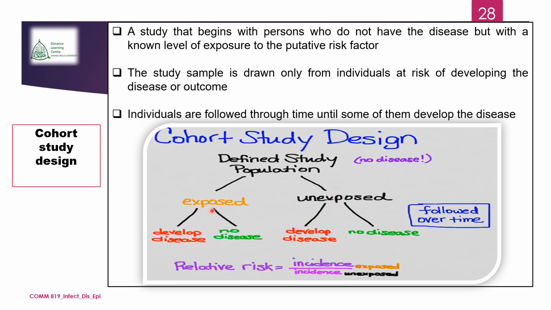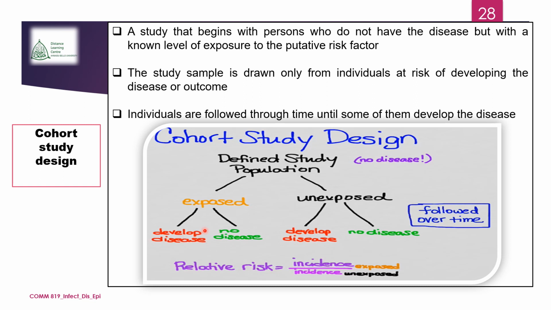Then you follow them over time to see whether those that are exposed eventually develop the disease or no disease. While those that are unexposed, you also follow them over the same time to see whether any of them will actually develop the disease or no disease.